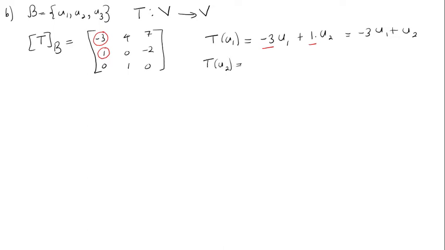Tu2 will be 4 into u1 plus 0 into u2 plus 1 into u3, so that is equal to 4u1 plus u3. These are my coefficients to Tu2.